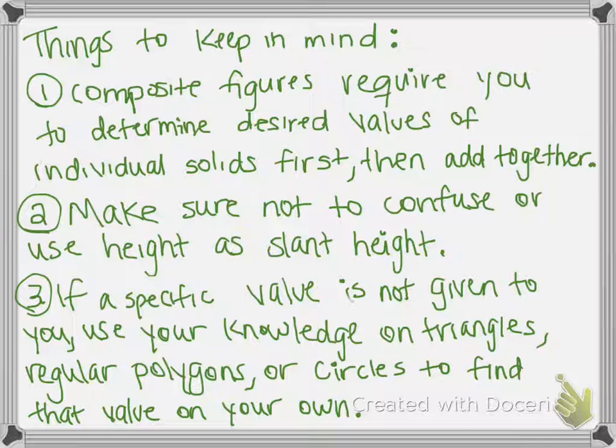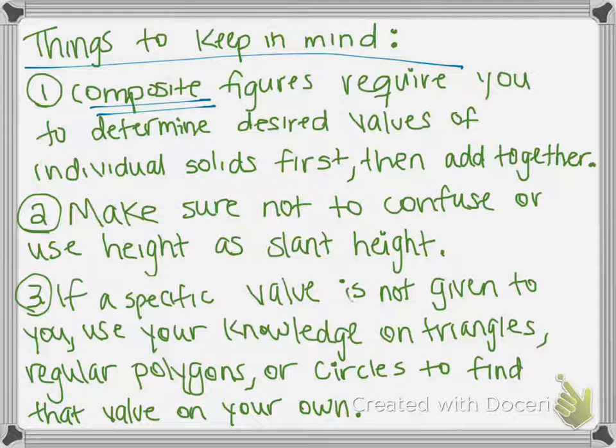So those were all the examples that I had for you, but a few things to discuss. First of all, things to keep in mind. Composite figures, again, that means that several figures were put together. I didn't go over any in this example, but if you were to have one, it would require you to determine the desired values of the individual shapes first and then add them together, as we always do with composite figures.